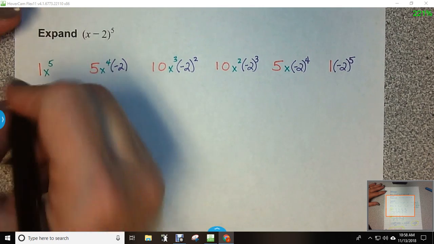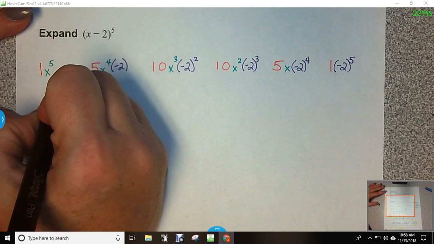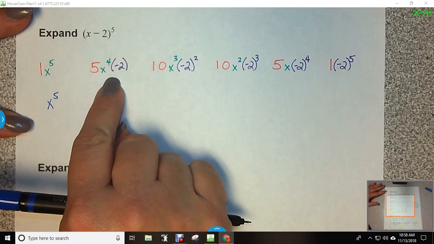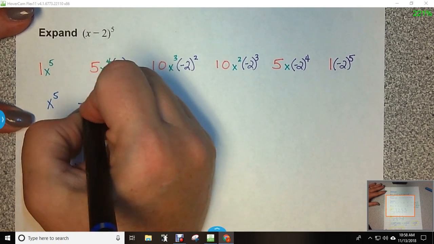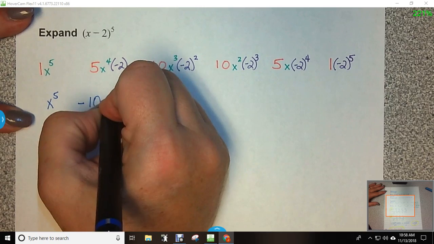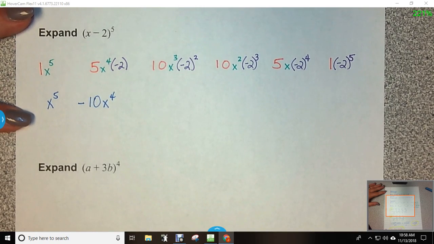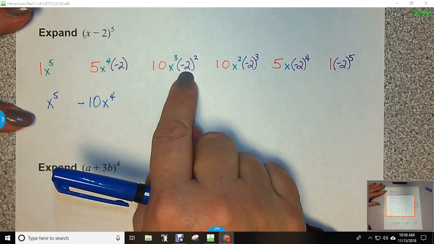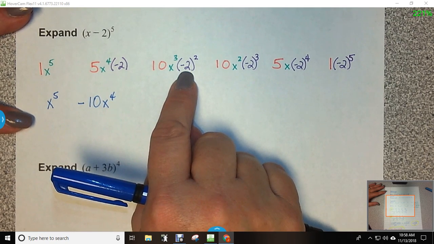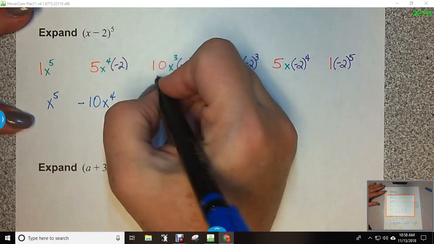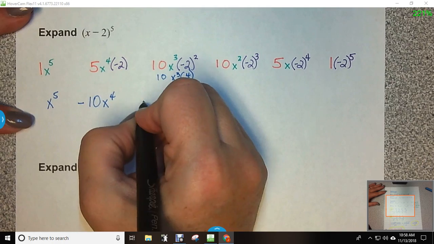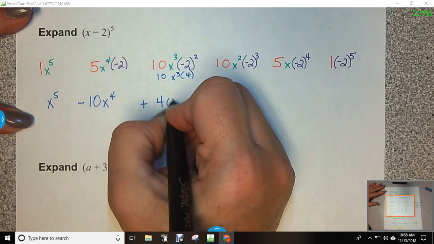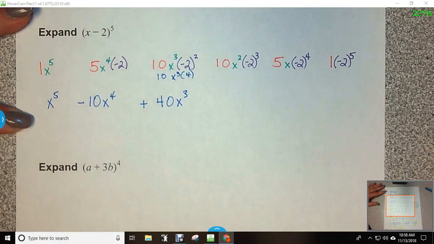So the first term is just going to be x to the 5th. For the second term, I have a 5 times a negative 2, which makes negative 10x to the 4th. Now, for the next one, what is negative 2 squared? 4. So I actually have 10 times x cubed times 4, which gives me a positive 40x cubed.